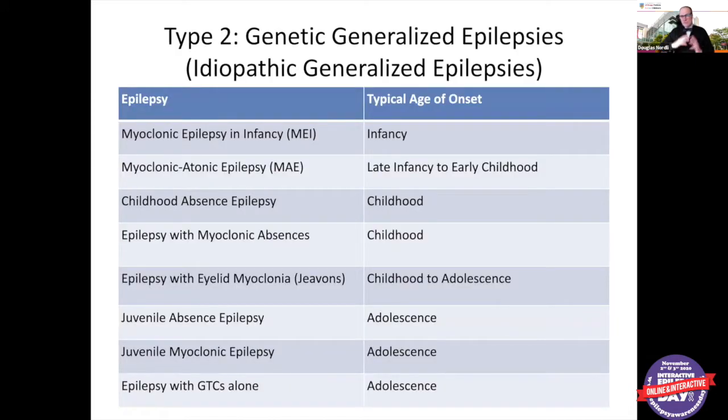So these are one of the commonest forms of epilepsy that we see, ranging from myoclonic epilepsy in infancy to myoclonic atonic epilepsy, as described by Doose. Childhood absence epilepsy, very common. Epilepsy with eyelid myoclonia, so-called Jeavons syndrome. And then the adolescent forms: juvenile absence epilepsy, juvenile myoclonic epilepsy, and epilepsy with GTCs alone.